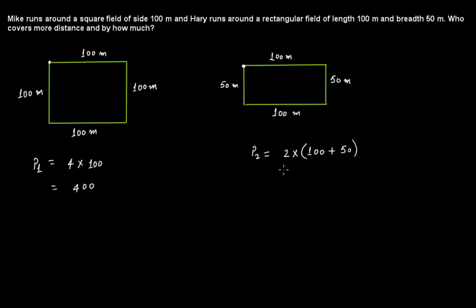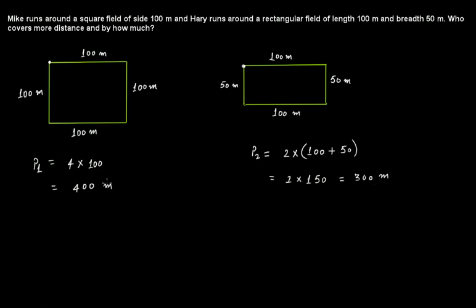If you calculate this, this will be 2 times 150, and this will become 300 meter. This will also be meter. And so the distance covered by Mike will be 400 meter and Harry will be 300 meter.